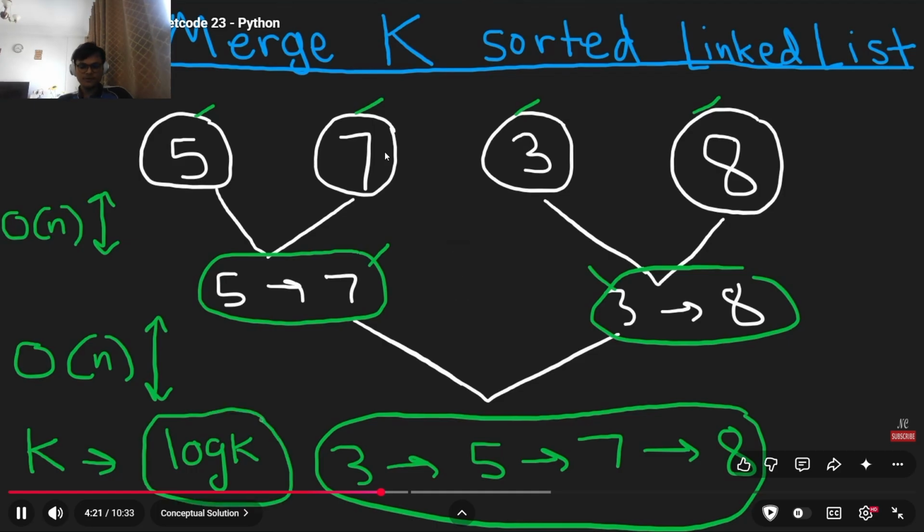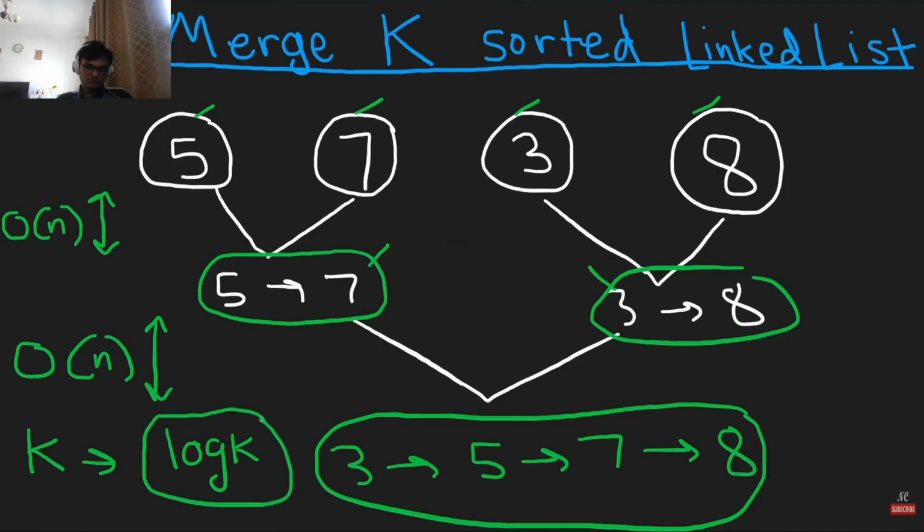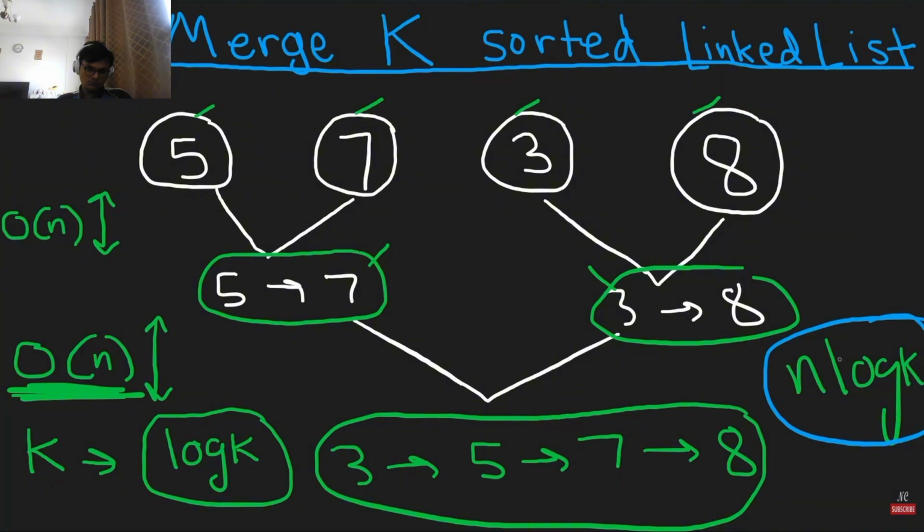Log k is the number of times we're repeating this O of n step. So in this case, with this algorithm, the total time complexity is going to be n log k. And that's a lot better than the brute force, which was n times k. So this is a lot better.